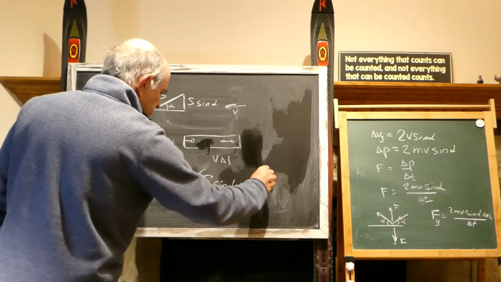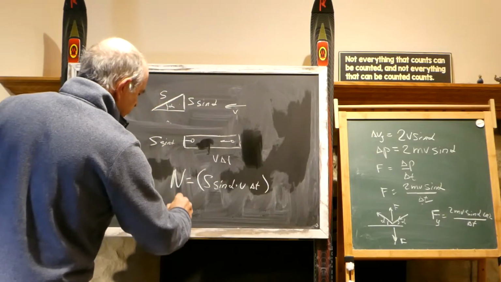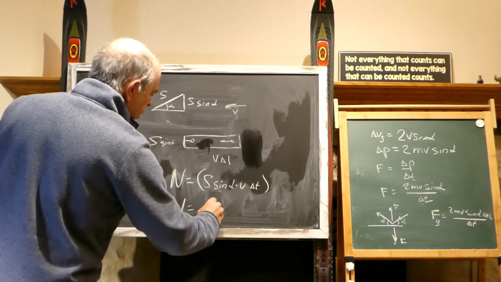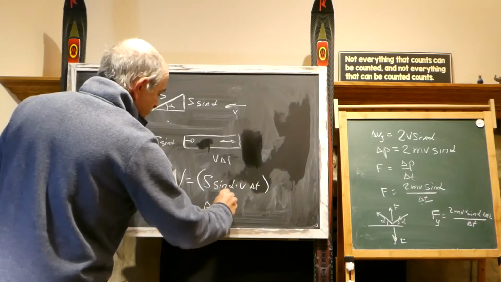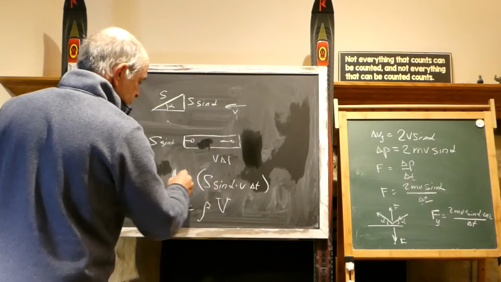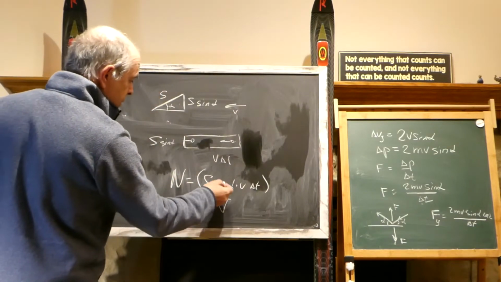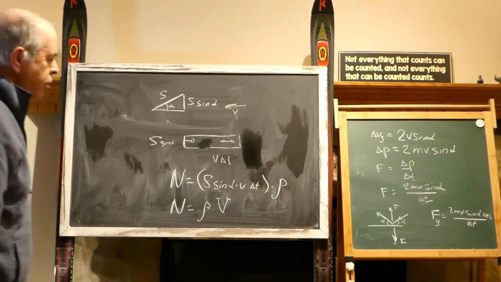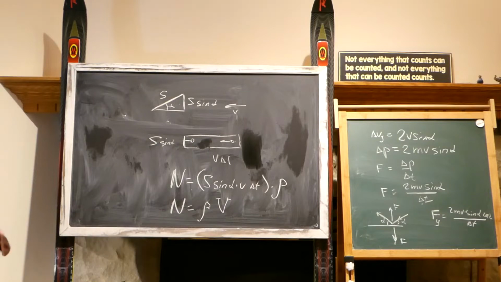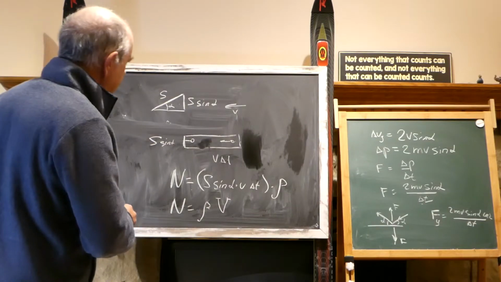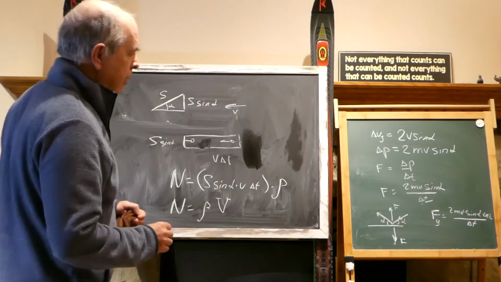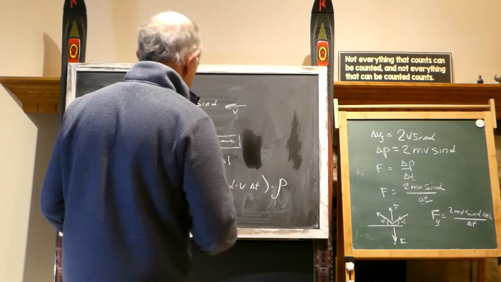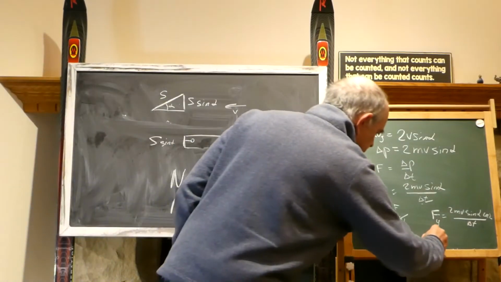This is the volume. So N equals rho, where rho is density, multiplied by the volume. And this is all we have. So we now know N, the number of molecules, and let's put it here.